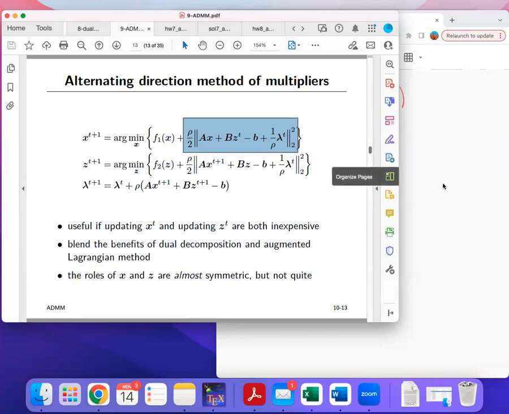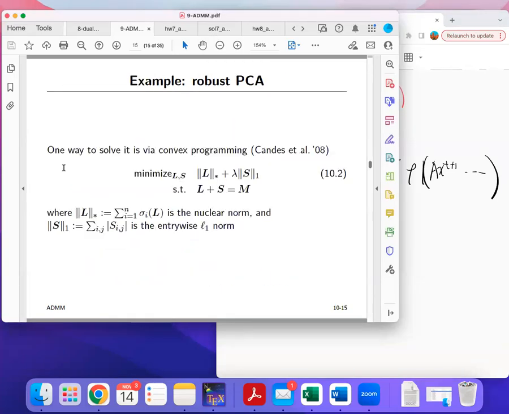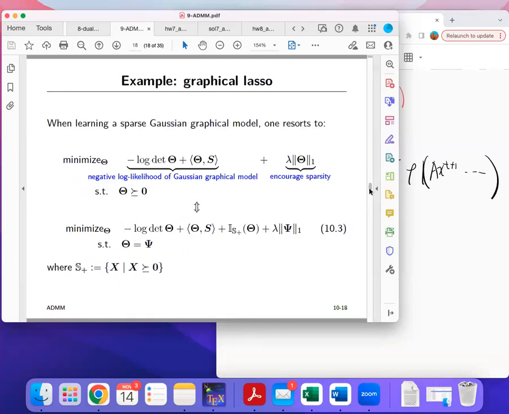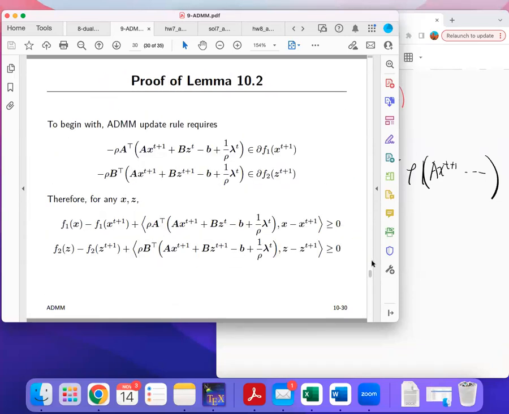So it's just A transpose rho times this term, so that's why we have this structure.